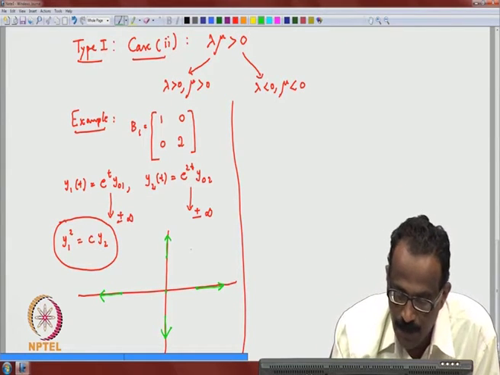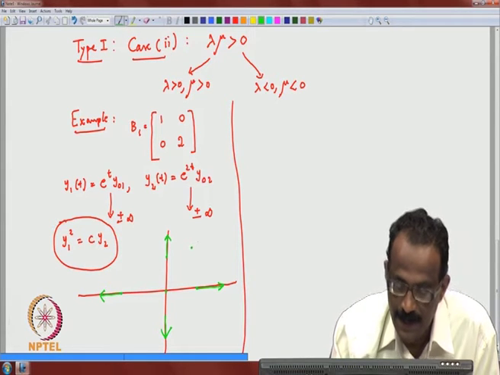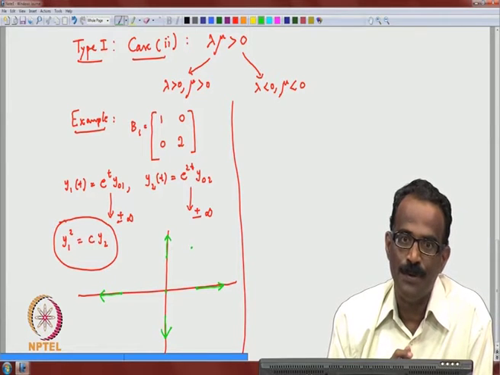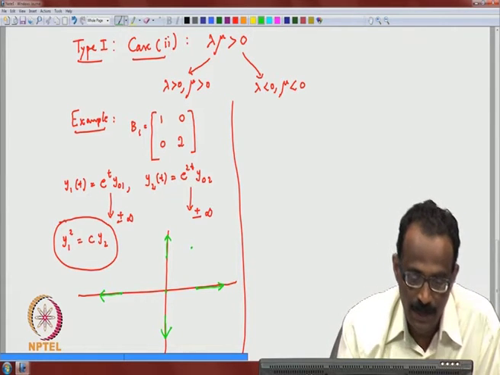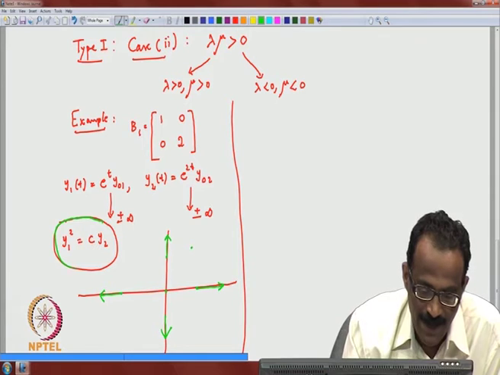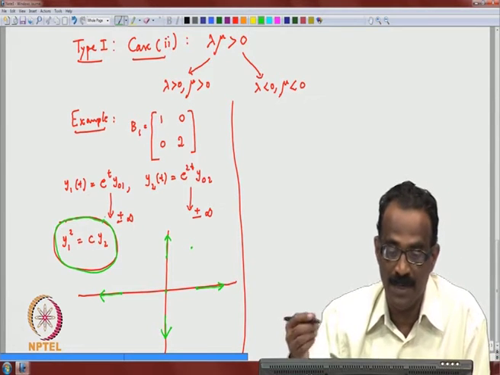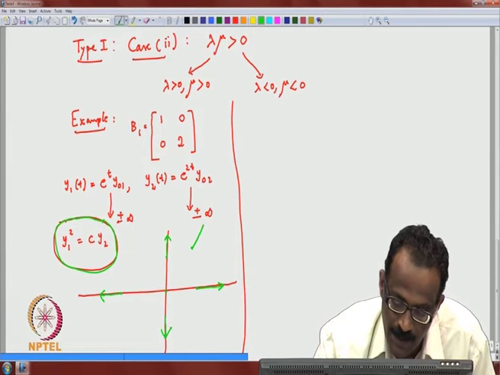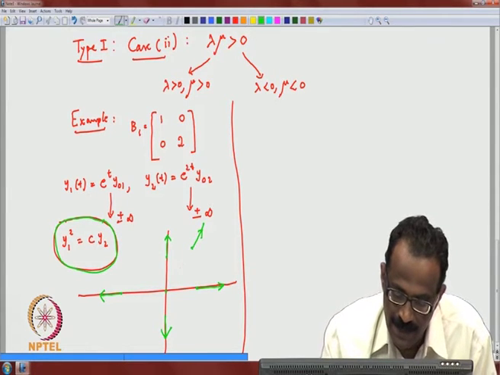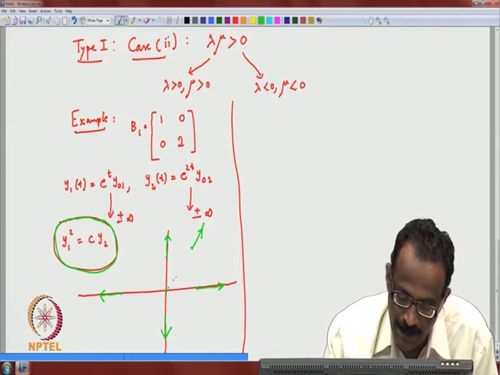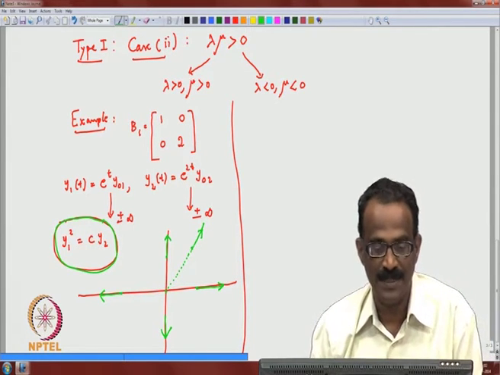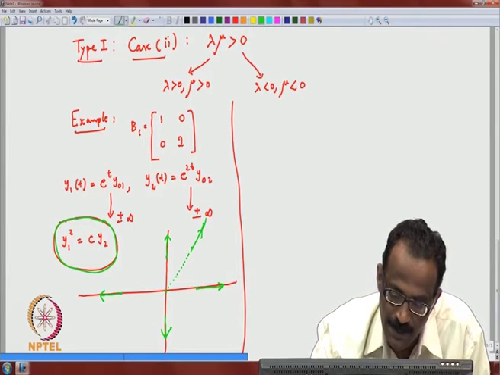What about if you start at a point here? If you start at a point there, both y1 and y2 go to infinity, but it moves according to this rule, and that is a curve something like a parabola. So, as t tends to infinity, it will move along this direction, and this portion will be for t negative, because the solutions are defined even for minus infinity. So, it moves along these curves.